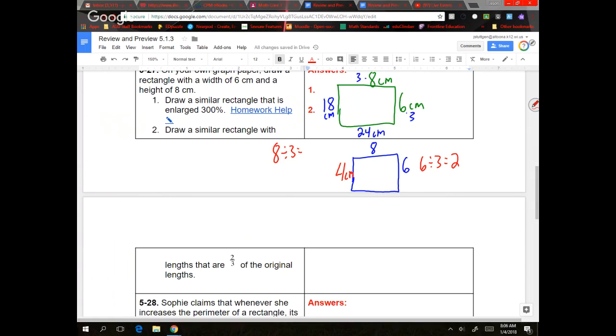Okay? 3 goes into 8 2 and 2/3 times. Okay? If you weren't sure on that, well, you should know that 3 goes into 8 2 whole times because 3 times 2 is 6. So that's where my 2 came from in my fraction.